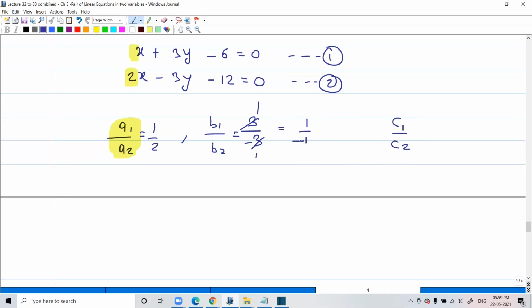And what is c1 by c2? Minus 6 by minus 12. So minus and minus get cancelled, and this is 1 by 2. So now we have all the three ratios: a1 by a2, b1 by b2, and c1 by c2.